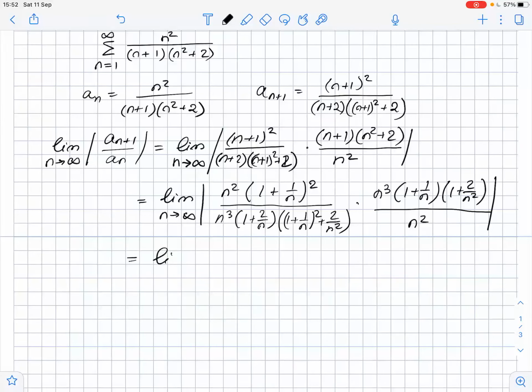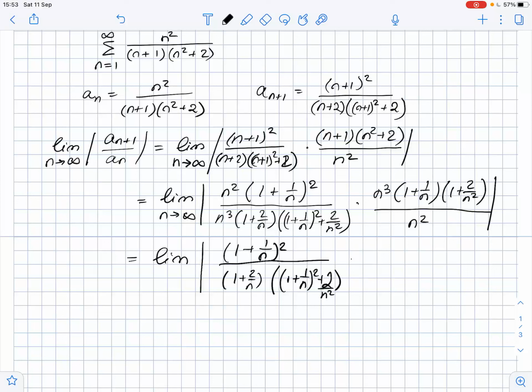Then this equals the limit of the absolute value of (1 plus 1 over n squared) over (1 plus 2 over n) times (1 plus 1 over n squared plus 2 over n squared), multiplied by (1 plus 1 over n) times (1 plus 2 over n squared) over 1.